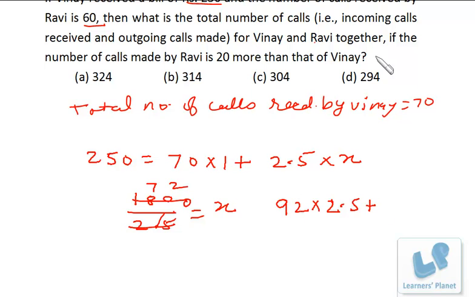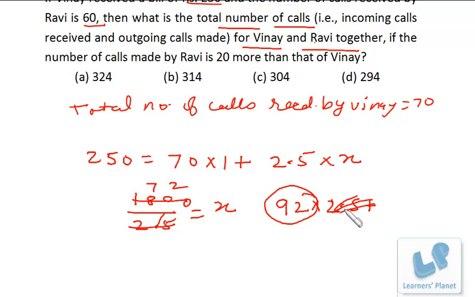Friends, we don't have to calculate the bill, we just have to calculate the total number of calls for Vinay and Ravi together. That means the total number of outgoing calls made by Ravi is 72 plus 20, that is 92.